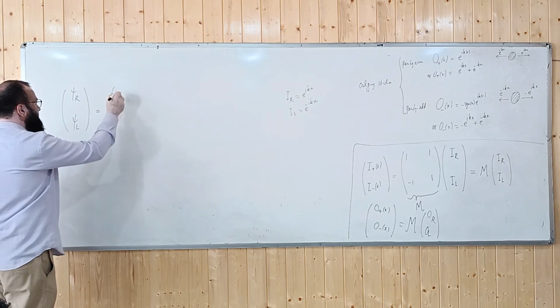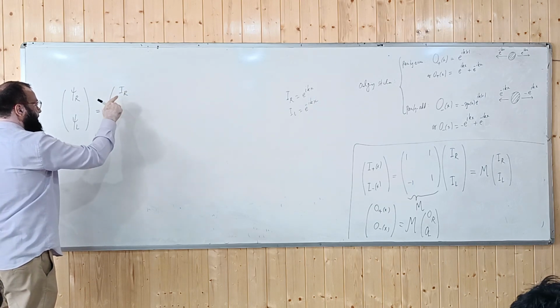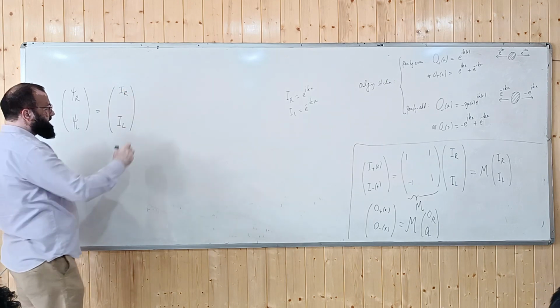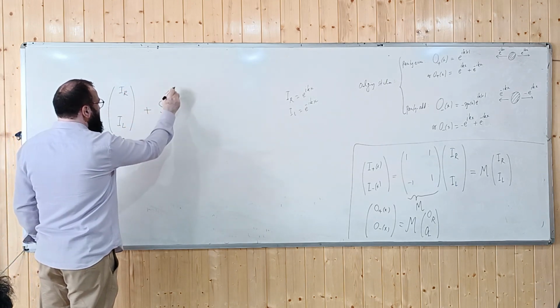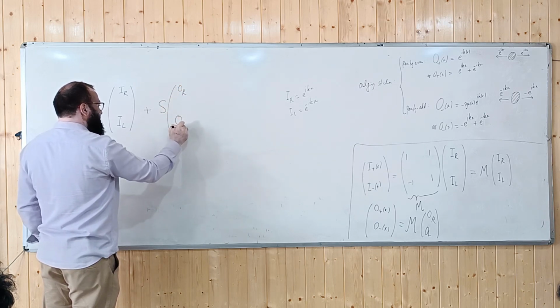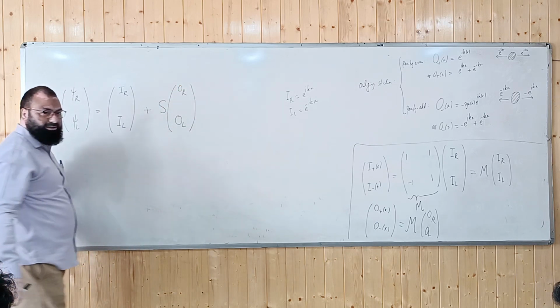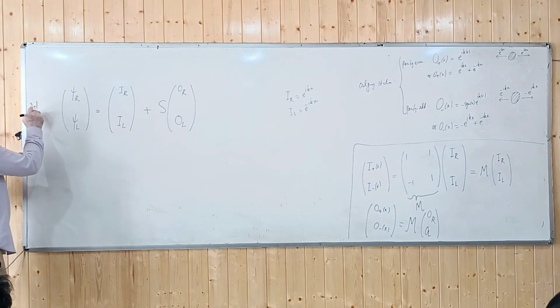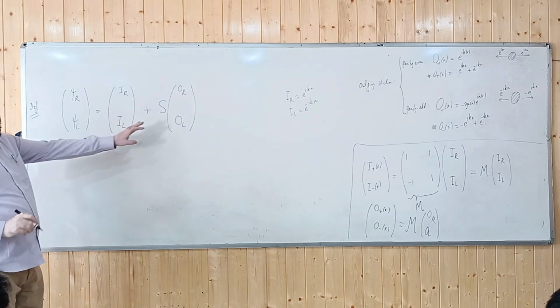So you put it in terms of a right moving incoming wave and a left moving incoming wave, plus a scattering matrix S, times the outgoing right moving wave and outgoing left moving wave. Clear? So this was our definition of what? S forms a scattering matrix.